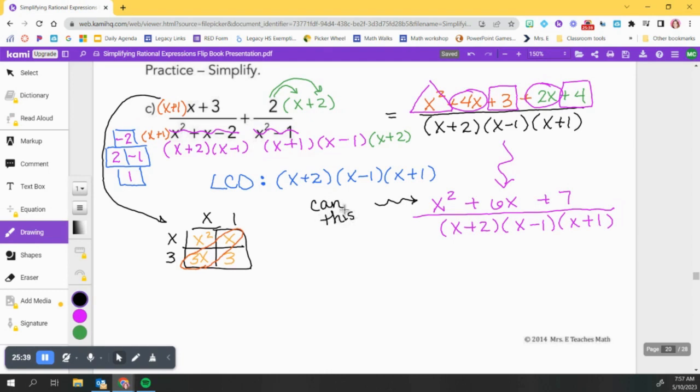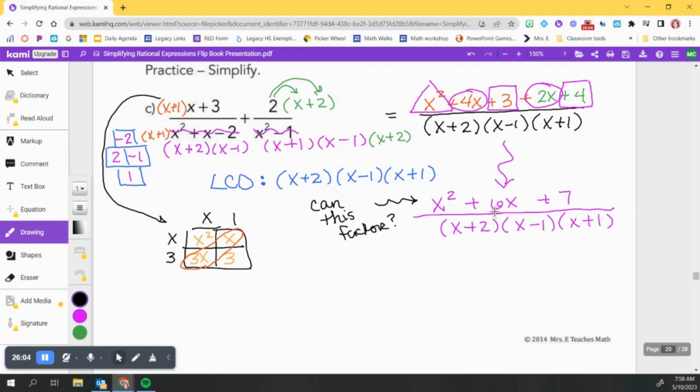We need to look to see, can this factor? Because sometimes when you add two numerators together, what you get is possible to factor. So we would hopscotch with this. What times what gives me 7? What adds up to 6?